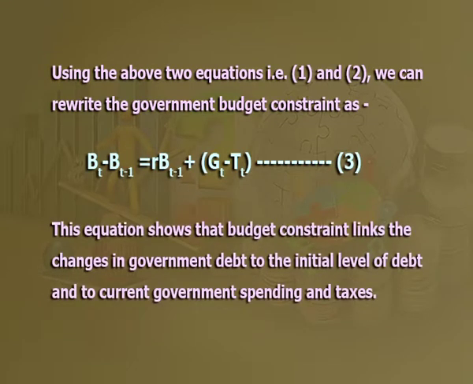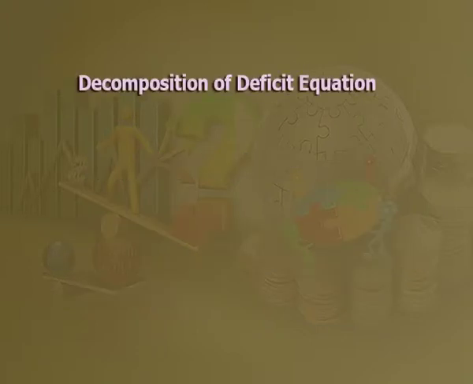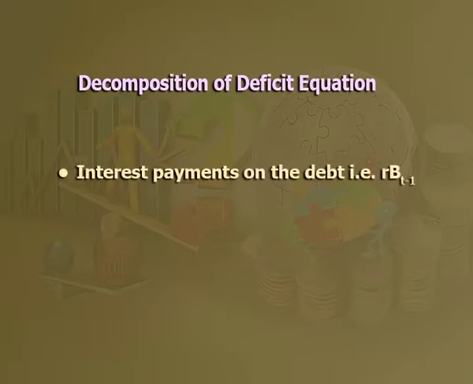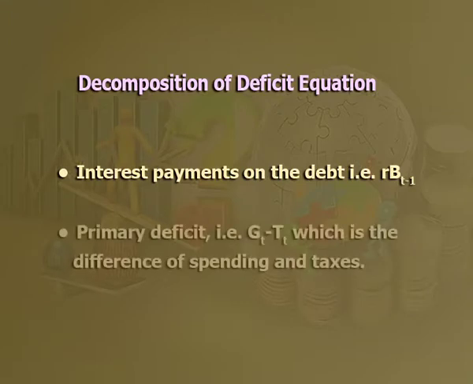This equation shows that the budget constraint links the changes in the government debt to the initial level of debt and to current government spending and taxes. For the sake of convenience, we can decompose the deficit into, first, interest payments on the debt, that is rB_(t-1), and second, the primary deficit, that is G_t minus T_t, which is the difference of spending and taxes.